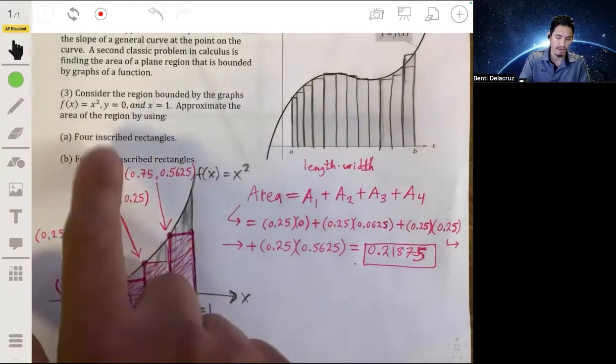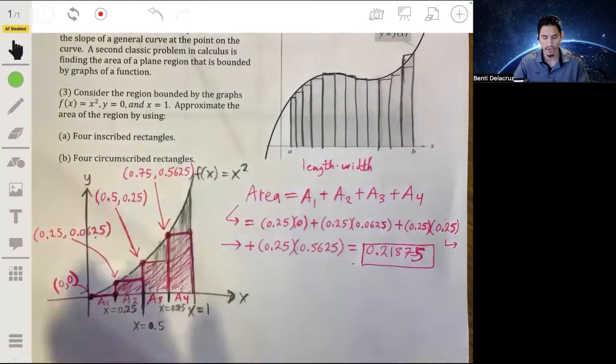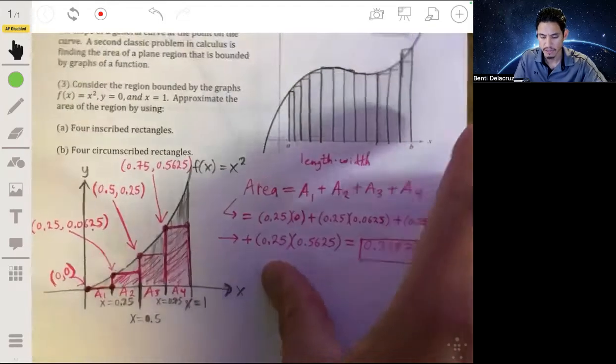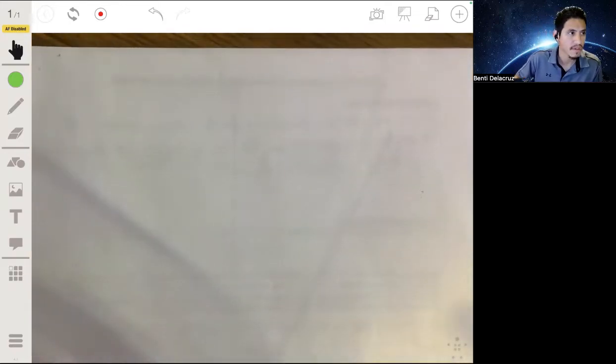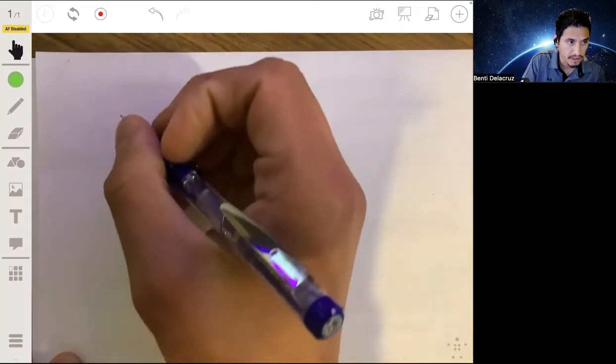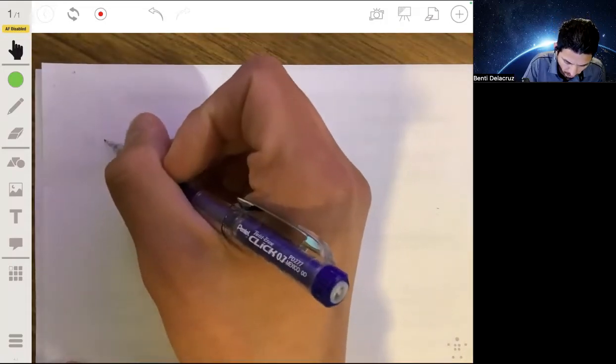But now let's look at how we can approximate this area using 4 circumscribed rectangles. So let's just work on the next page. I'm going to make this bigger so it's easier to work with.